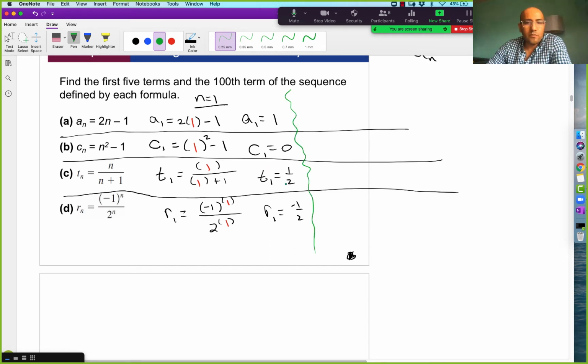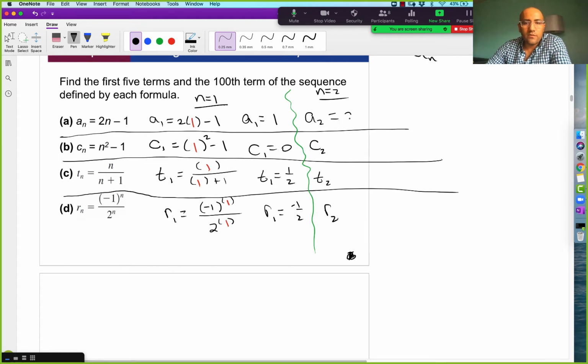All right, so we found the first value in each of these sequences. Now we've got to move on to n equals 2 and find the second value. Then we have a sub 2, c sub 2, t sub 2, r sub 2.